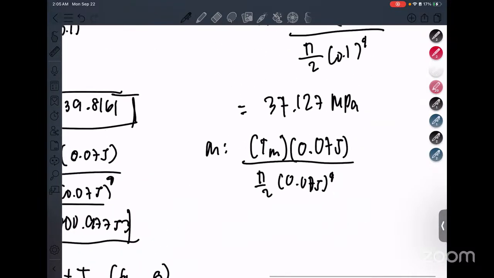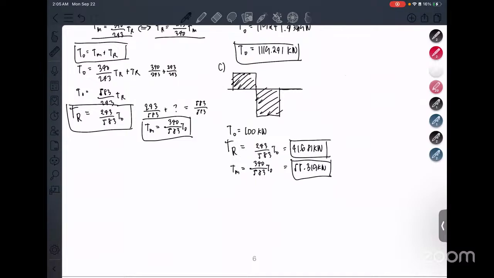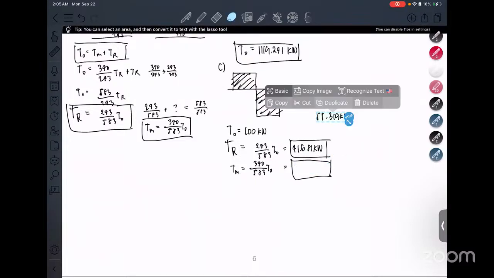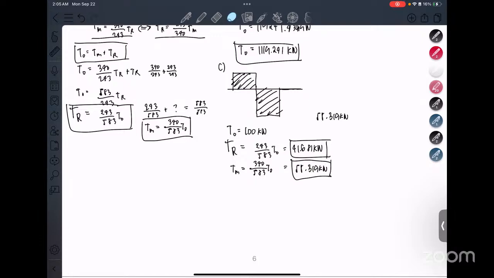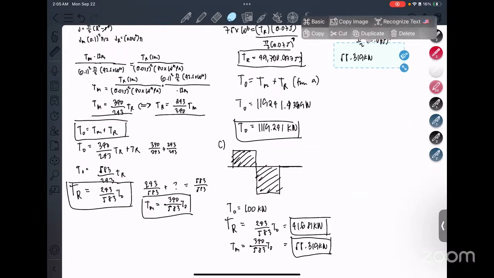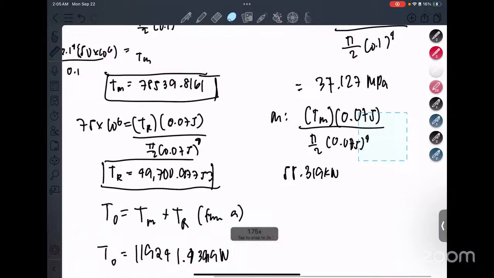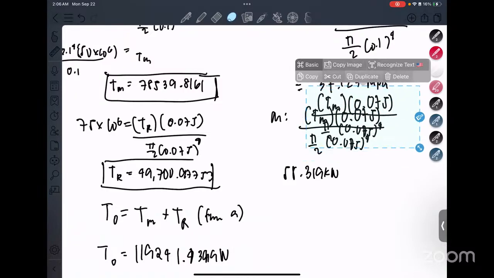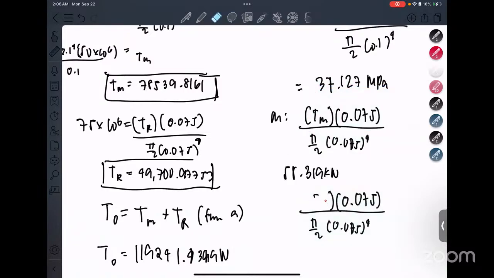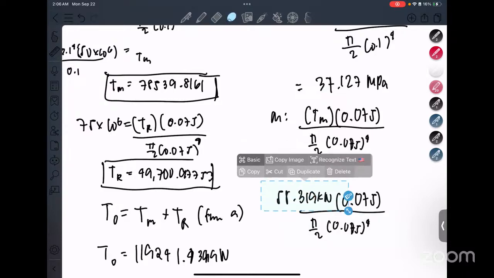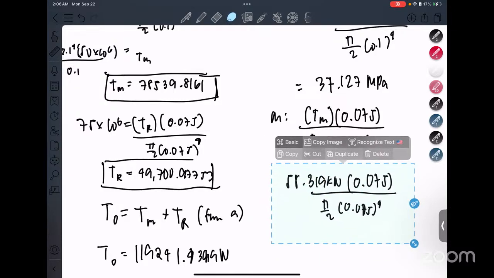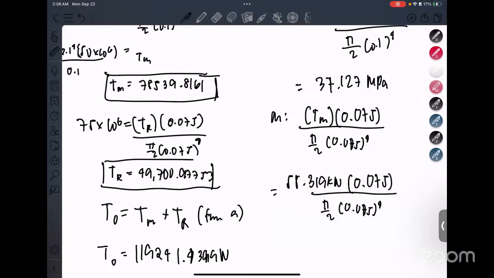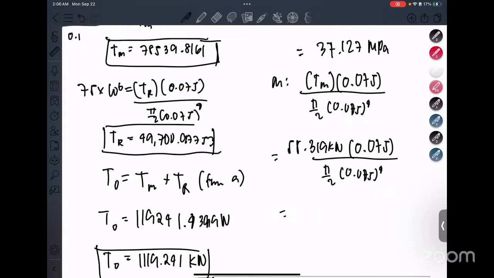Plugging this in, for completeness, this is equal to 62.898 megapascals.